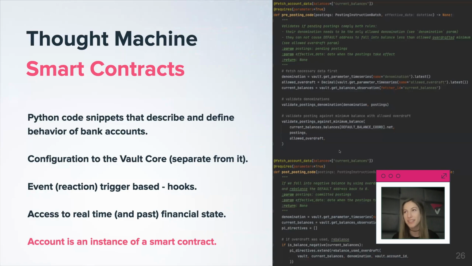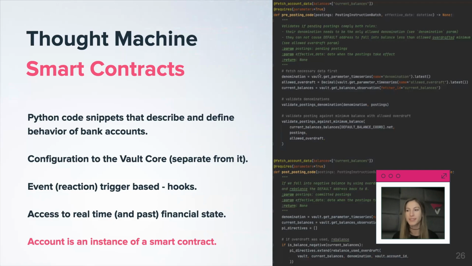What I want to show on the screenshot is that the code is written as reactions to events. You can see two functions there, pre-posting code and post-posting code, which are called hooks. These are functions that contain a definition of what should happen when there is an incoming or outgoing payment to the account, immediately before or immediately after the payment. And this is the principle of how smart contracts are written.